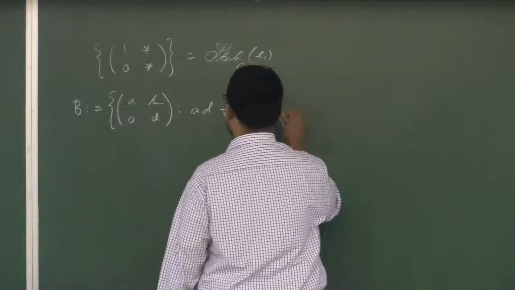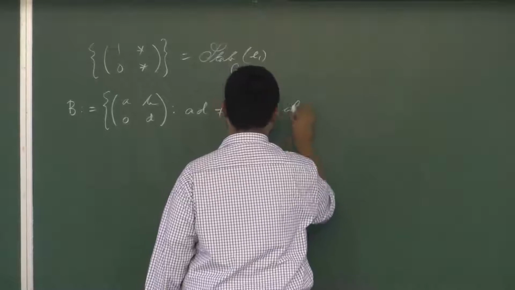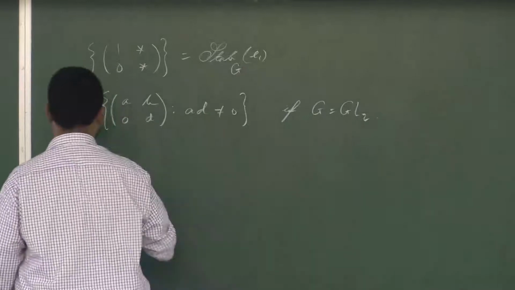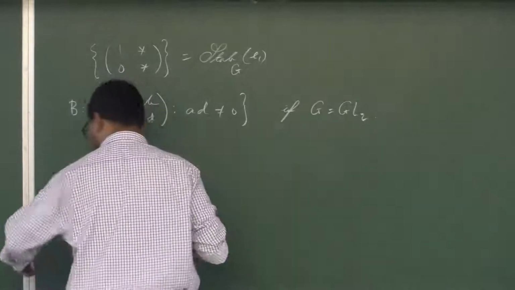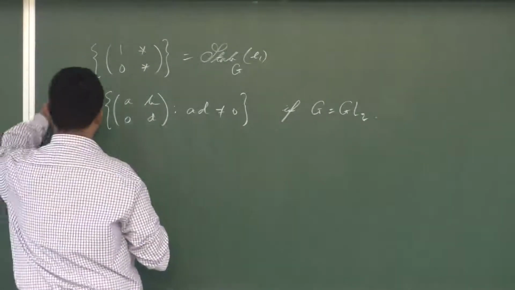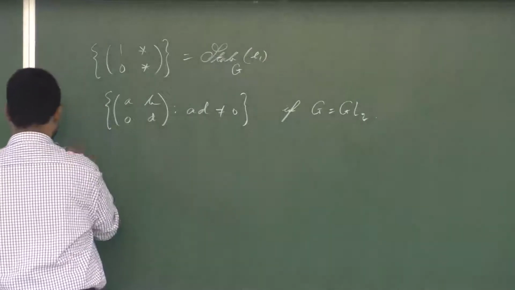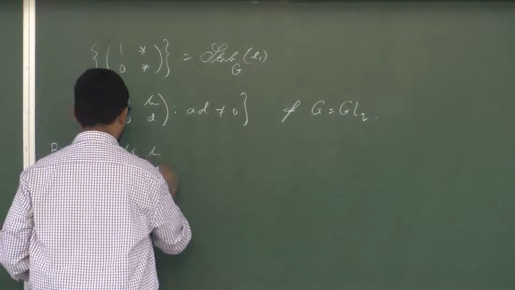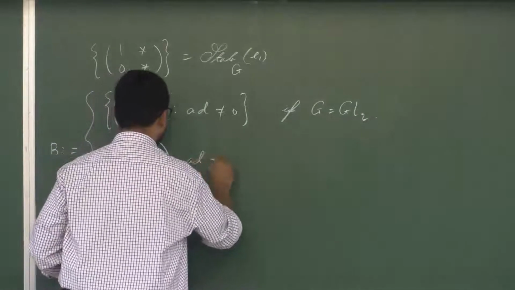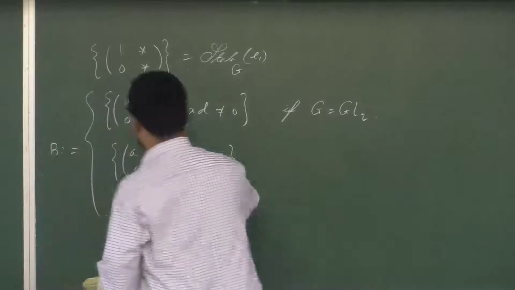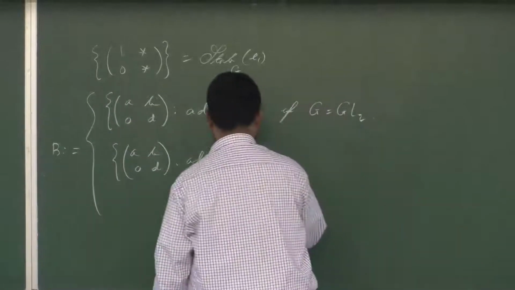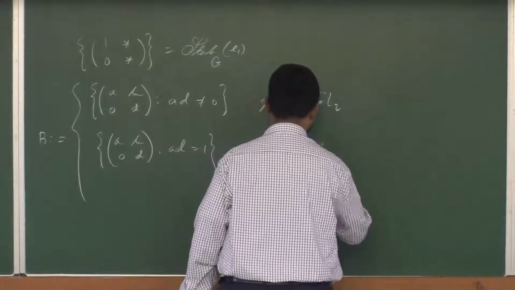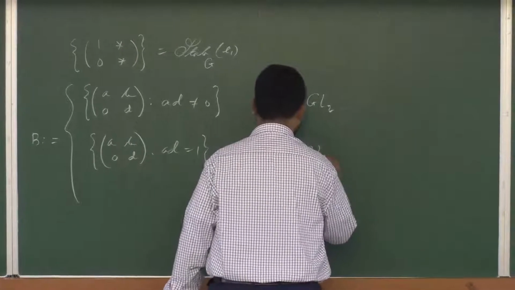If G is GL_2, or when G is SL_2, let me rather put a further condition, AD equal to 1, just to make this a subgroup of G if G is SL_2.